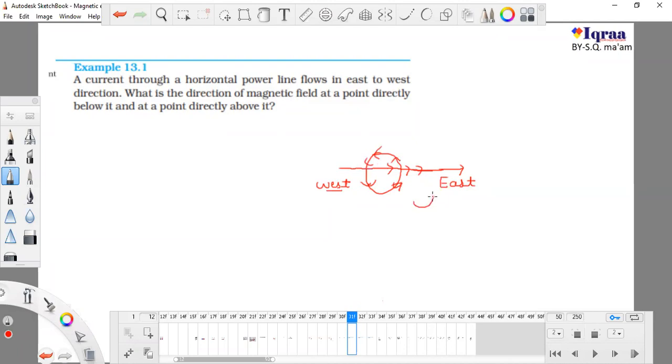This is the direction, and this direction is known as anti-clockwise. We have two directions. This direction is clockwise. How do you see a clock? The needle of a clock moves like this, and here we get a direction which is like this. This is the direction we obtained.